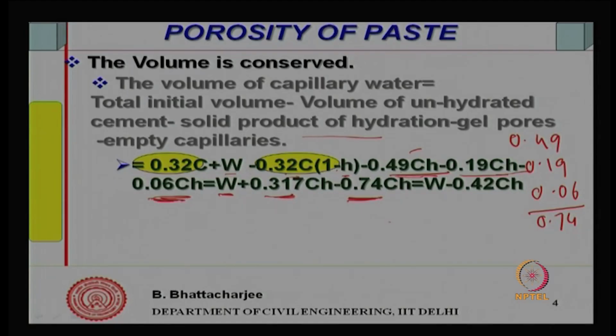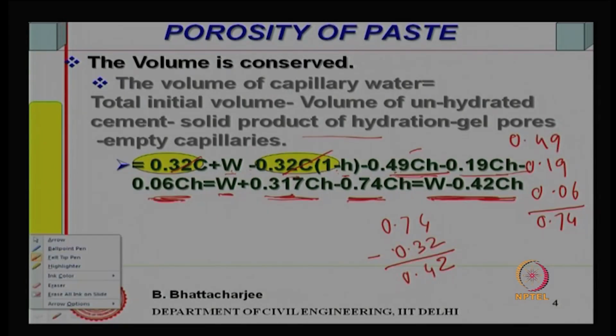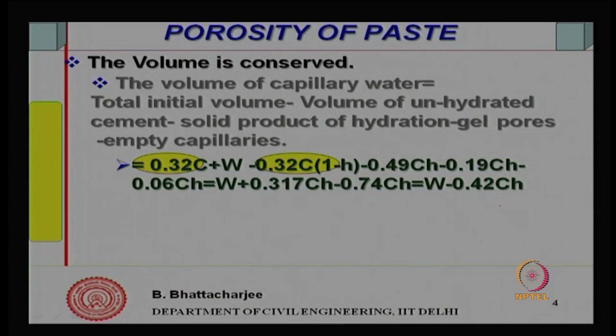And 0.74 minus 0.32 is simply 0.42. So, I get the volume of empty capillaries as W minus 0.42 CH, because the 0.32 C terms cancel out, and the rest of the terms sum up. In total, I will get W minus 0.42 CH.